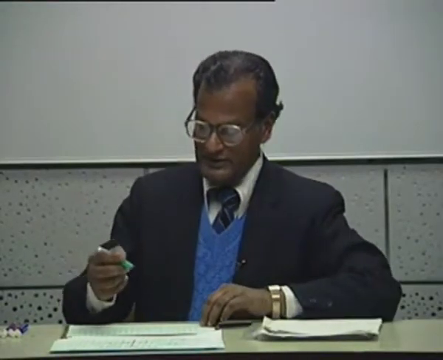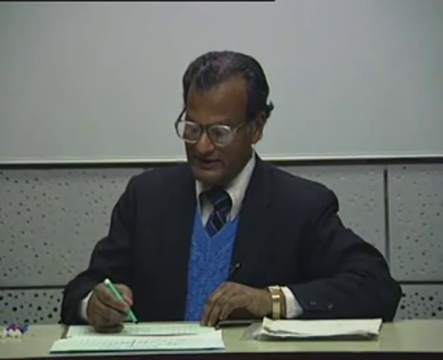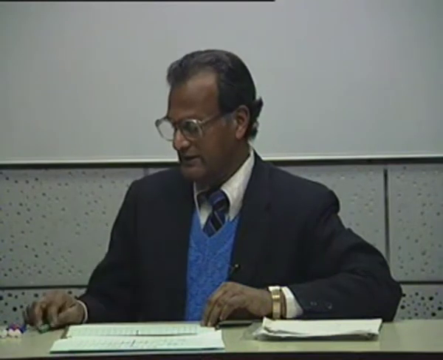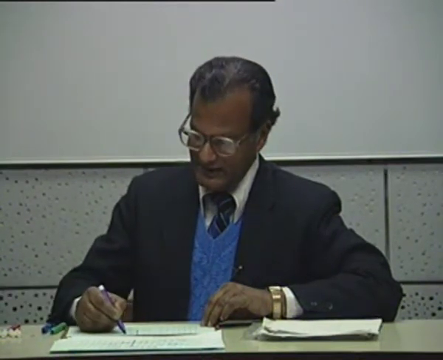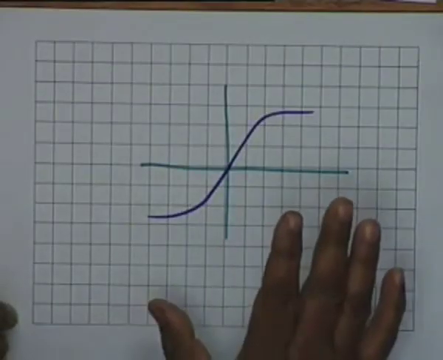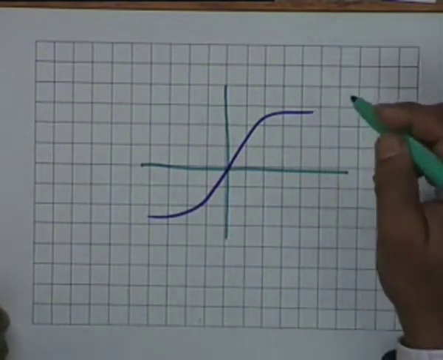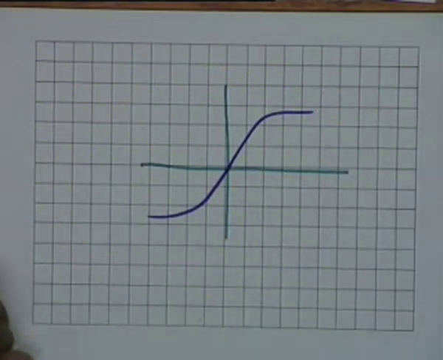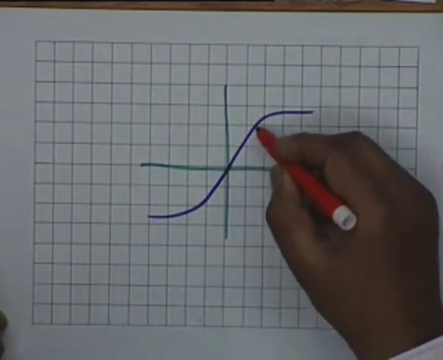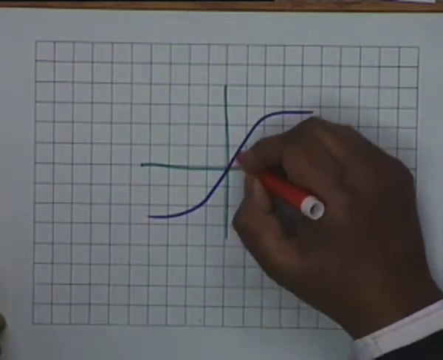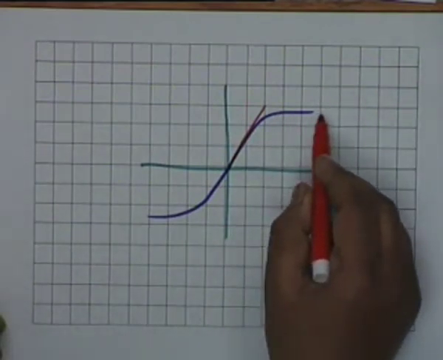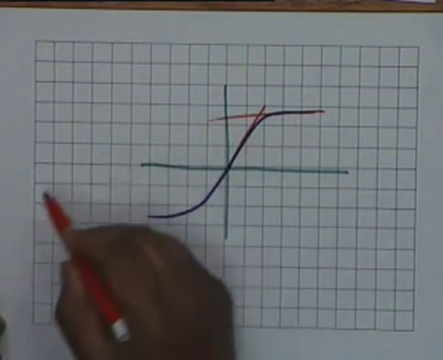One can also do this, as you will see later in electronic circuits. If I have a characteristic which is not linear, but let us say a characteristic like this, obviously this is not linear, but what one can do is approximate this by a number of straight lines. For example, this part is fairly straight, so you approximate this by a straight line like this, and this part can also be approximated by another straight line.